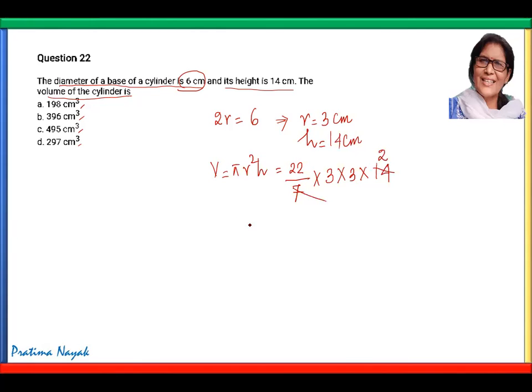So next, multiply 22 3 times 66. Then I'll multiply 22 into 3 into 9, 2 times 18. You will multiply 18 2 times 36 carries 3. 18 2 times gives you 36 plus 3, 396. 396 centimeter cube. Is there any answer? Yes. B is the answer.